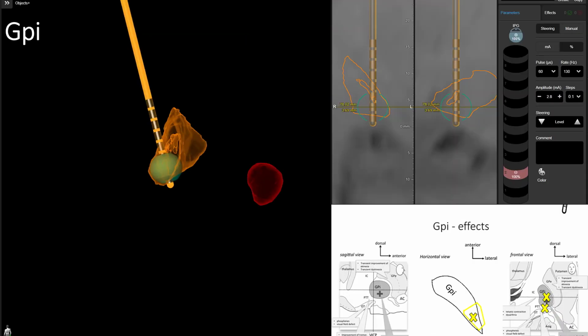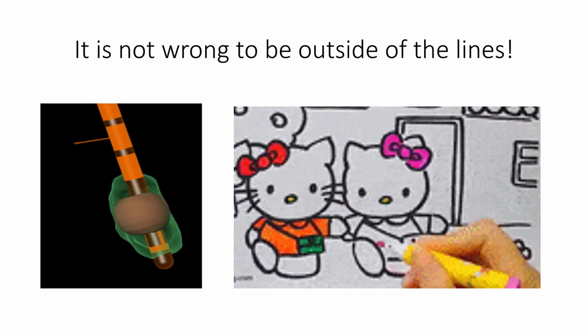And finally, we have the GPI, which is well visualized on MRI and where we want to have a field of stimulation covering a significant part of the posterior third of the structure, preferably without involving too much of the internal capsule or other structures outside of the GPI.